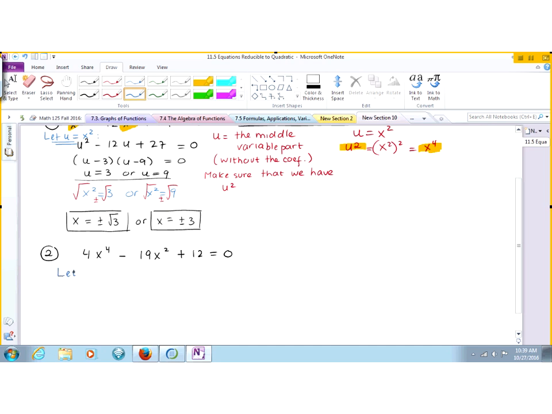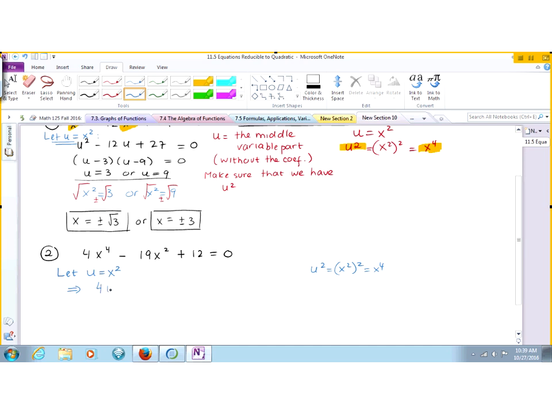Yes, so let's do the substitution. Let u equal what? x squared. Do I have u squared? After you do substitution, you have to check, do I have u squared or not? What is u squared? x squared squared, which is x to the 4. Do I have x to the 4? Yes, so that's my u squared, right?